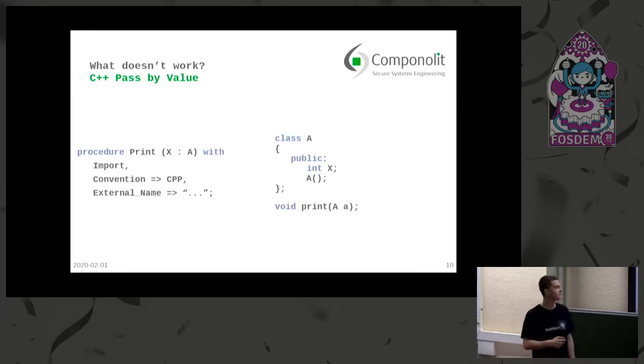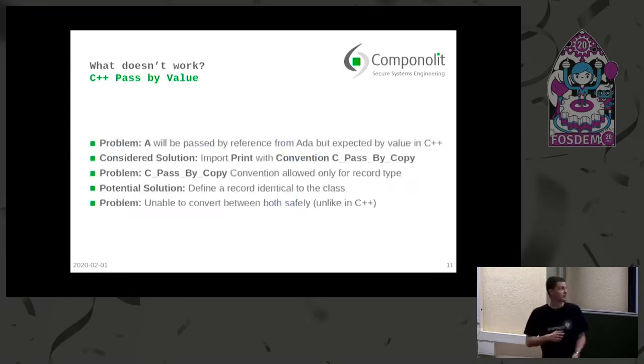A is limited, and so A is always passed by reference. So we take the reference to A and pass it to print, and print thinks, oh, this is already my class. For anything other than this simple thing, it will just break and you have a stack overflow, because print will just go deeper into the class, and this is your memory where the pointer is, but not your class.